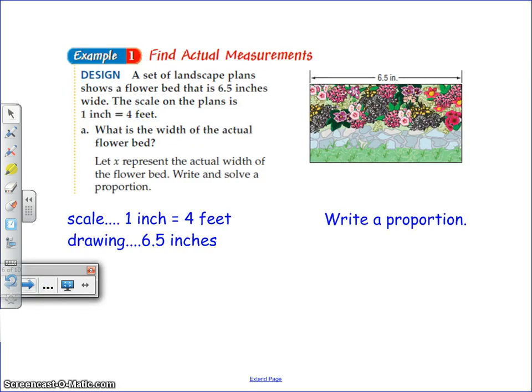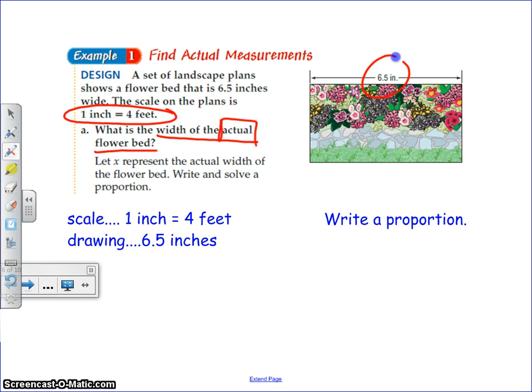Okay, find actual measurements. Example 1, design. A set of landscape plans shows a flower bed that is 6.5 inches in width, okay? And the scale of the plan is 1 inch equals 4 feet. What is the width of the actual flower bed?